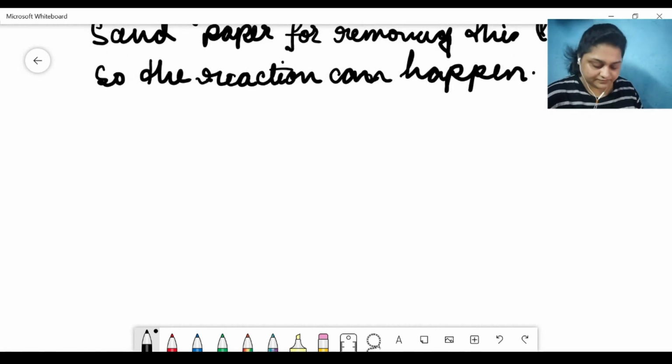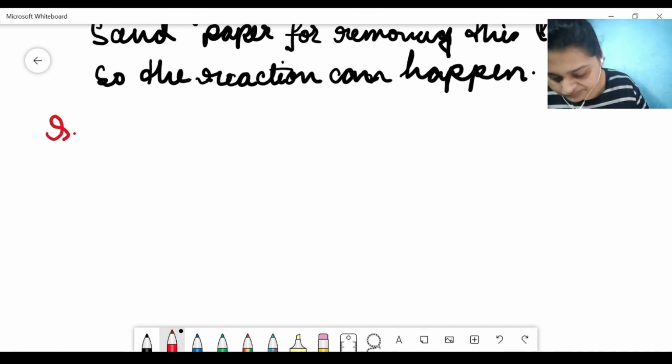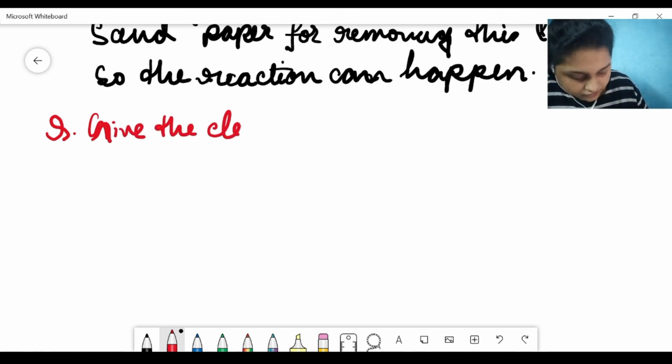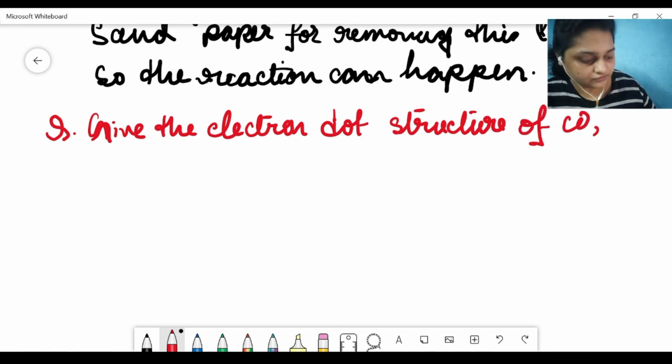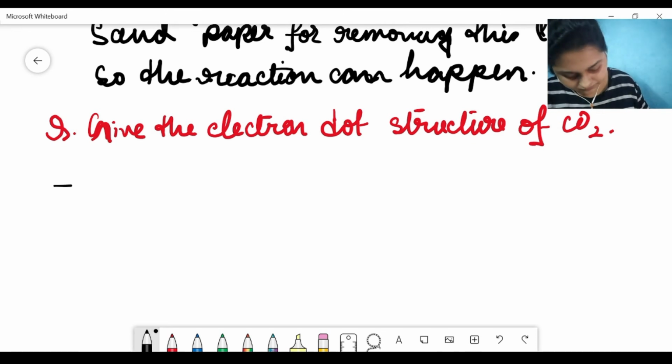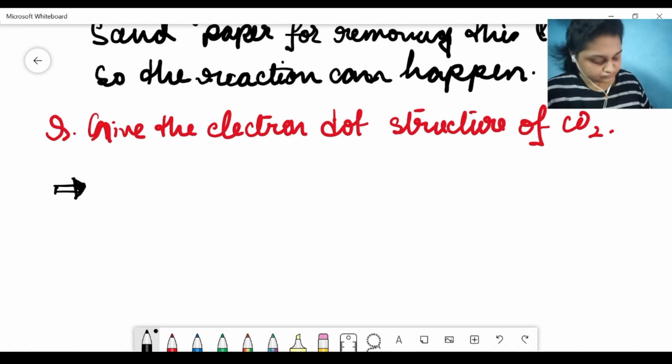The question is, give the electron dot structure of CO2. Electron dot structure is nothing but the Lewis structure.